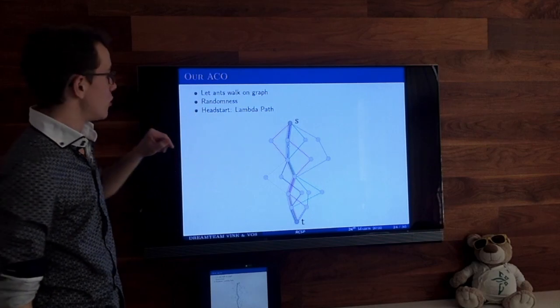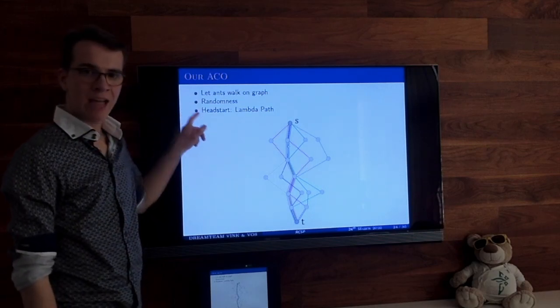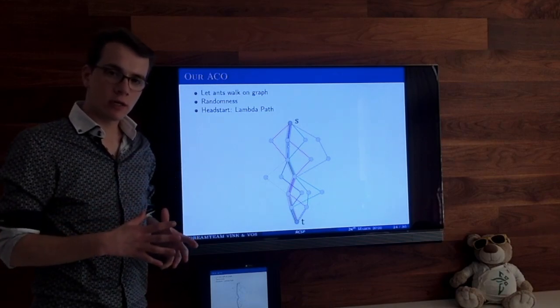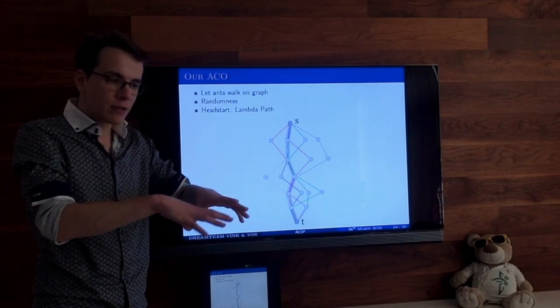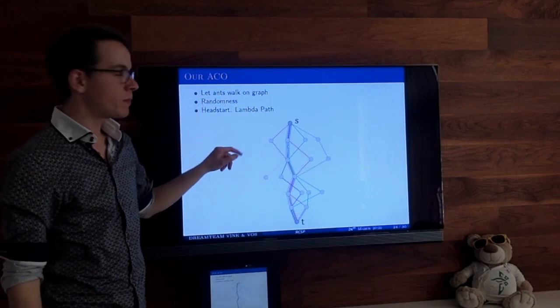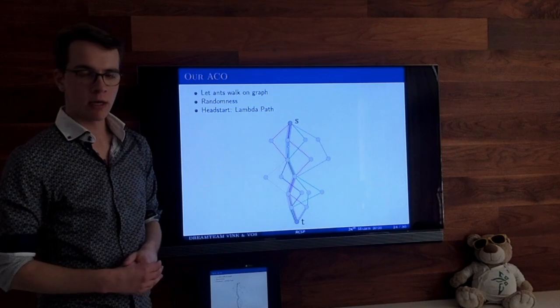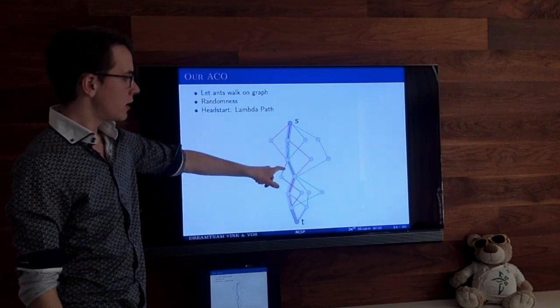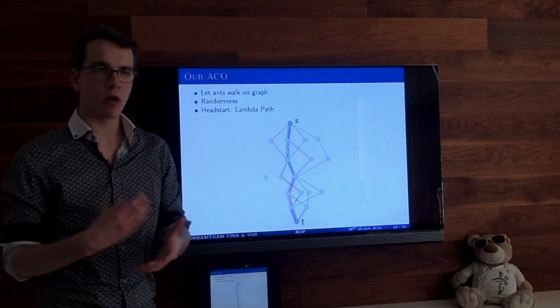Also, we're going to give the ants a head start, because we saw a few slides earlier that in the beginning ants usually just walk around arbitrarily, but we already have a very good path, which is the lambda path. So in the initial pheromone network, we already put some pheromones on the lambda path to help the ants out.